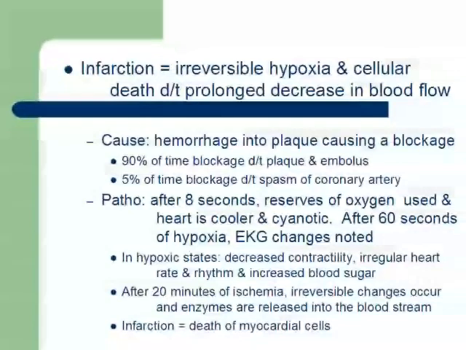You'll have an irregular heart rate and rhythm for the same reason, and you'll have an increase in your blood sugar because it's a stressful situation, and your blood sugar will go up because of the release of the norepinephrine. Now that blood sugar will increase within the first hour, and the stress response will be activated, causing a release of catecholamines, and that blood sugar will stay up for a while.